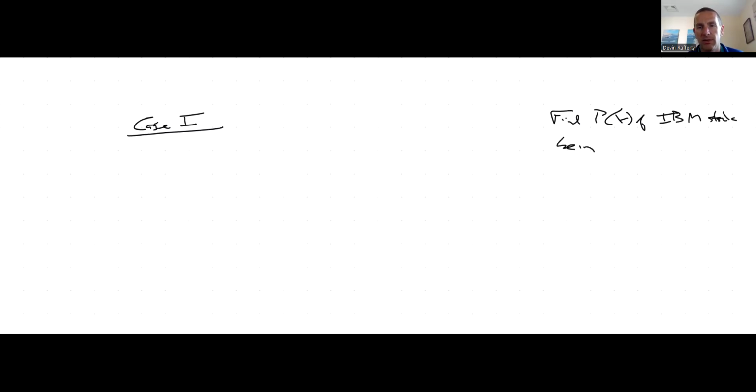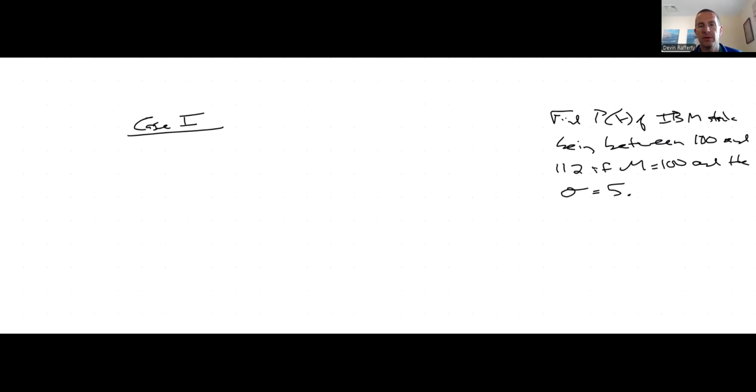Let's suppose we want to find the probability of IBM stock being between $100 and $112, if the mean is 100 and the standard deviation is $5.